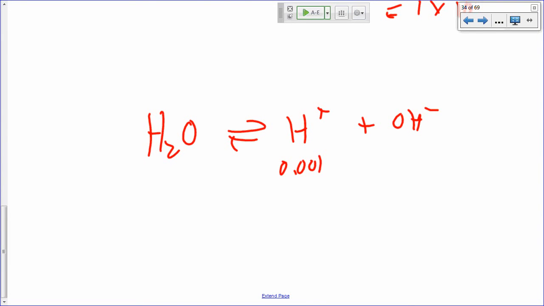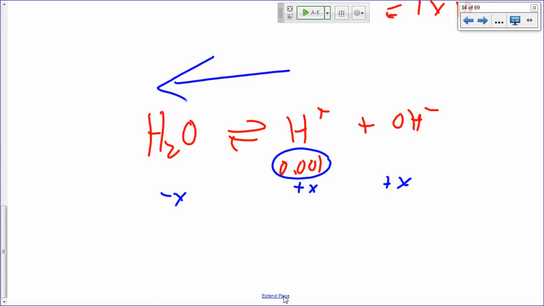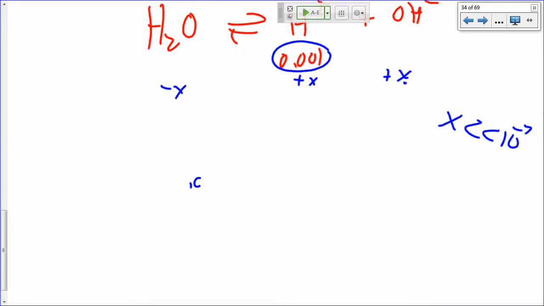So if this water is going to give you more H plus and hydroxide, it's not going to give you 10 to the negative 7 anymore. Basically, Le Chatelier's principle says you've shifted your reaction to the left. So this X is going to be even less than 10 to the negative 7. What's that X going to be?